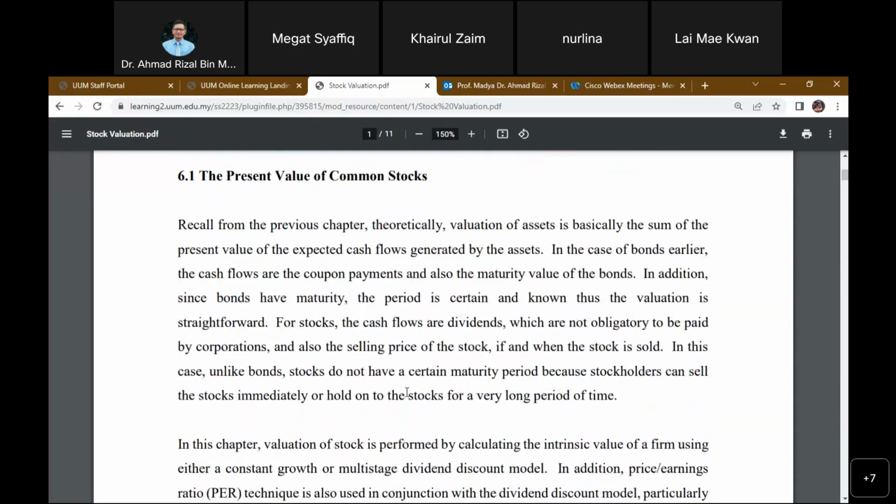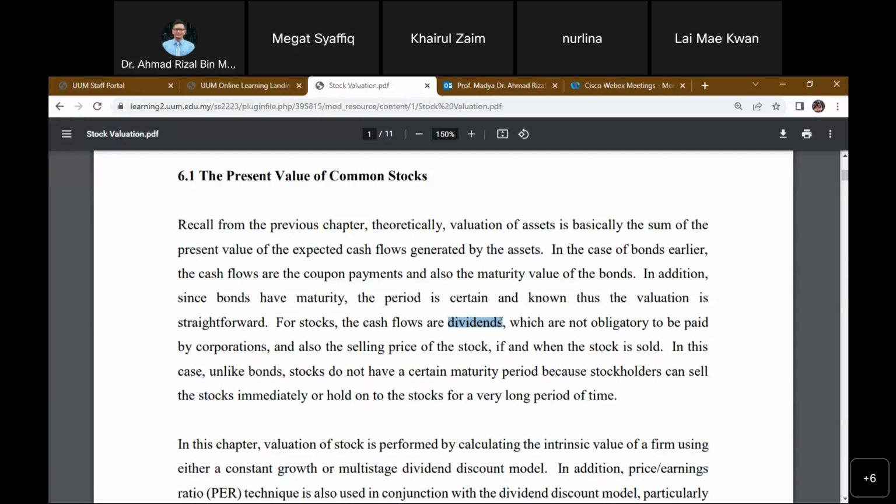Now for stocks, theoretically and in many textbooks, we use dividends. Dividends are considered to be the cash flow series for stocks, even though, as I mentioned earlier, dividend payment is not obligatory, and some companies don't even pay dividends, and some companies do not pay dividends regularly, for that matter.